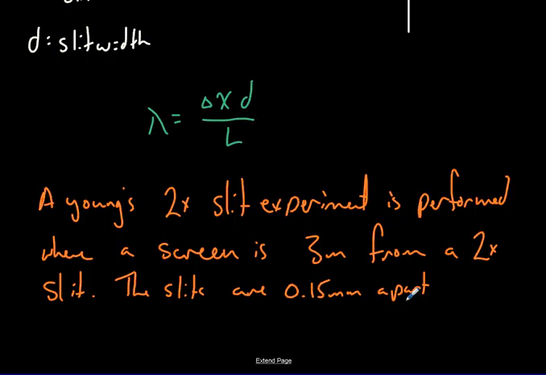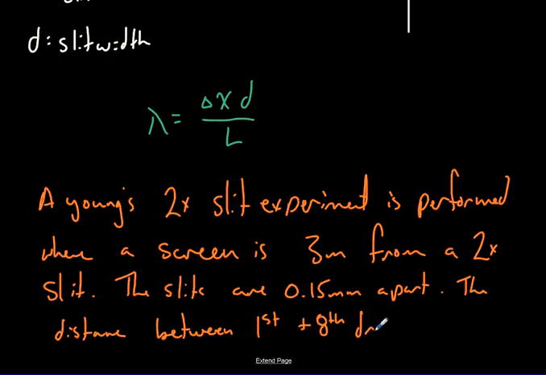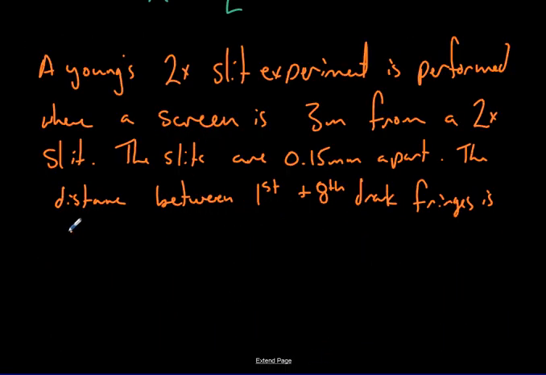And the distance between the first and eighth dark fringes is 8 centimeters. Okay. Find the wavelength of the incident light.